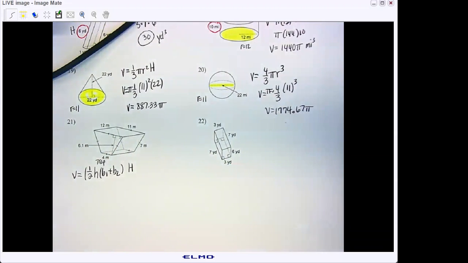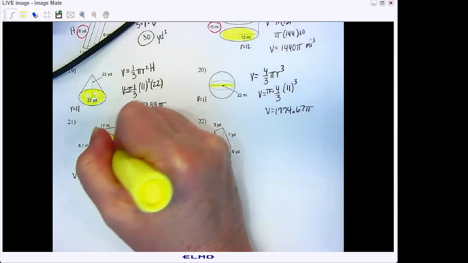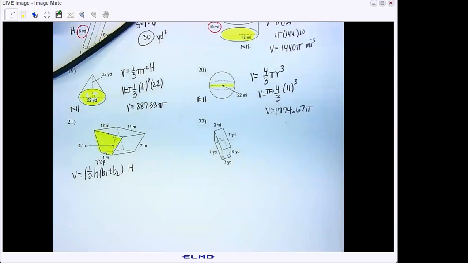Sometimes it helps to identify, here is the trapezoid itself. What's the height of the trapezoid, people? Come on. Thank you.